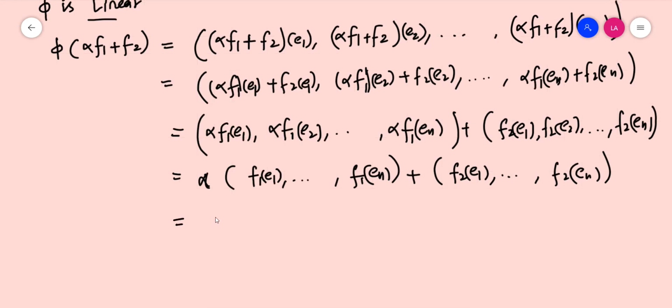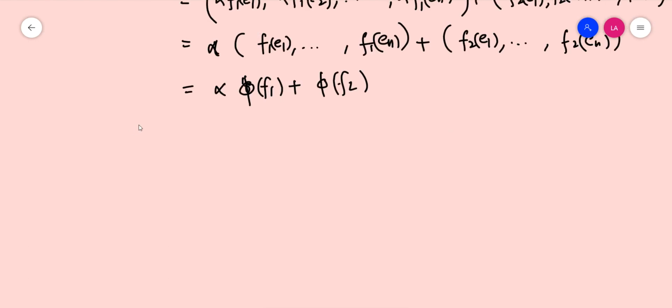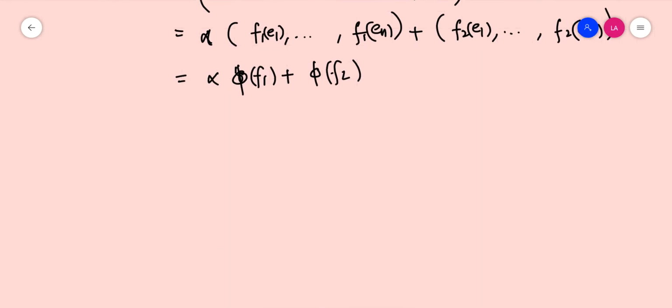So this is equal to alpha times phi of f1 plus phi of f2. So we have proved that phi of (alpha f1 plus f2) equals alpha times phi of f1 plus phi of f2. So our phi is linear. Our function phi from Rn dash to Rn is linear as well as norm preserving. Now we have to prove that it is 1-1. So next, phi is 1-1.